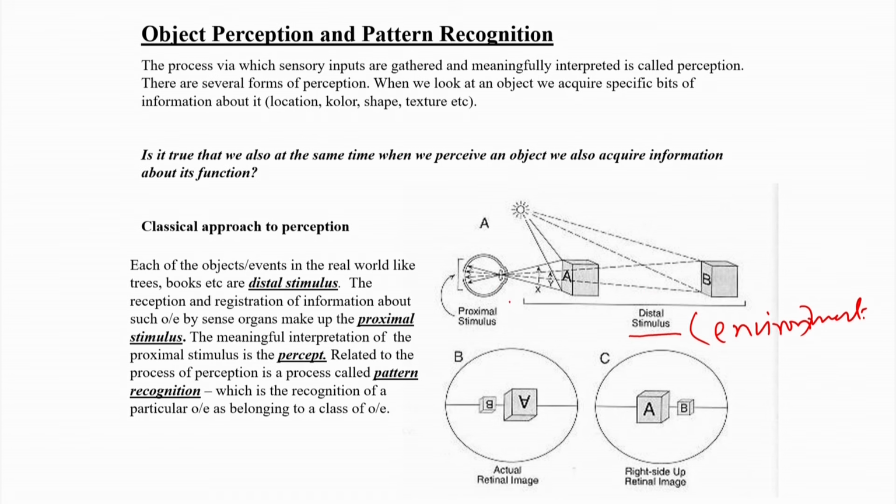Even before that, the light reflected from these objects falls onto the lens of the eye. The image of these objects which forms on the retina is inverted in shape.